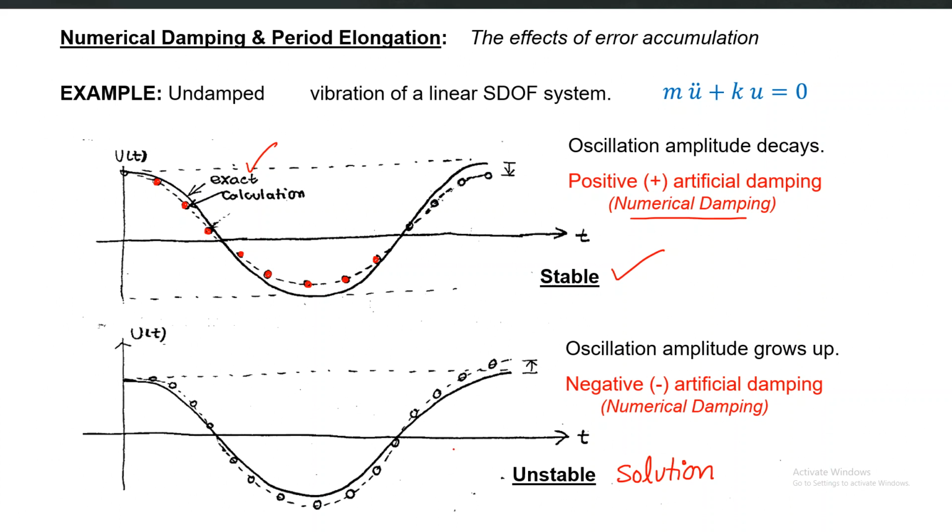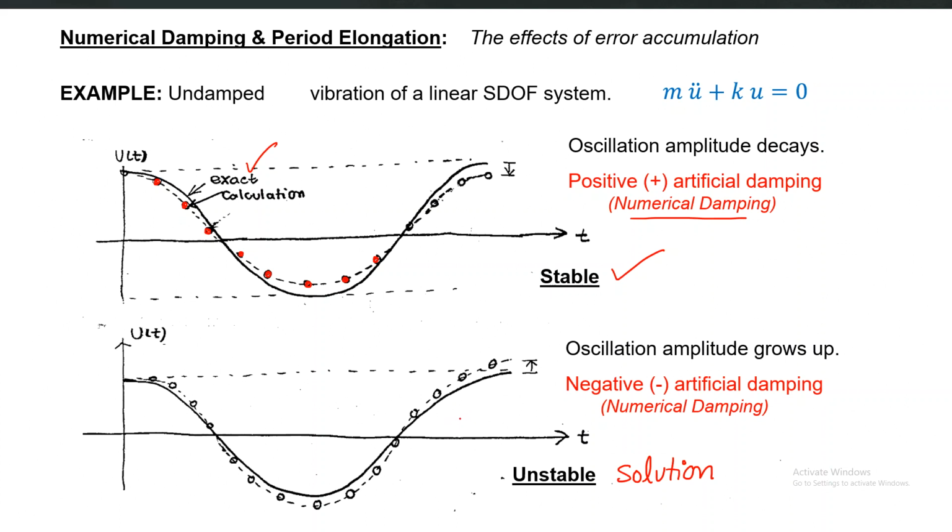But in this case, for unstable solution, as the number of cycles increases, the solution will keep on deviating more and more away from the exact solution, and finally it will result in a hypothetically very large response, which will actually be wrong. So this second type of solution, or error accumulation, is not desirable.